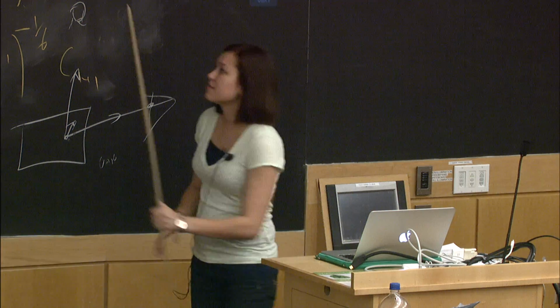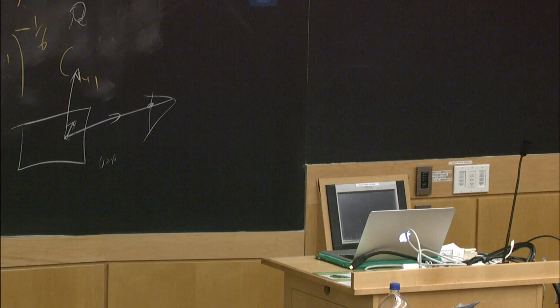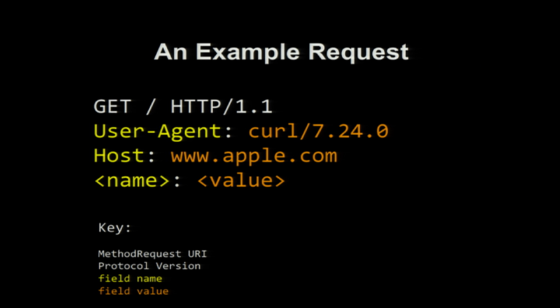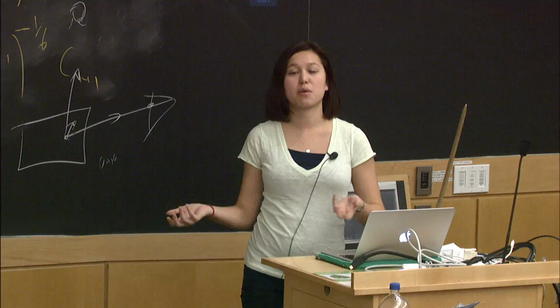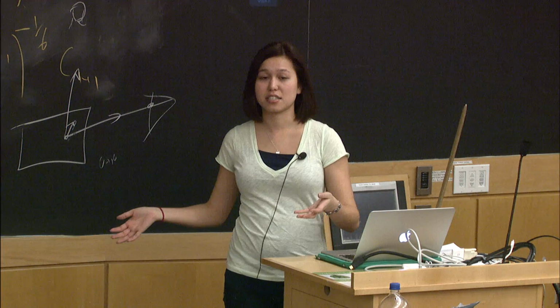The rest of this here is what we call the header. It's extra information that gives us a better idea of what we're actually asking for, or information that we want to give the server that might be pertinent. So user agent gives some more description, for example here, curl/7.24.0 is actually going to tell the server that we're using Google Chrome as our browser.